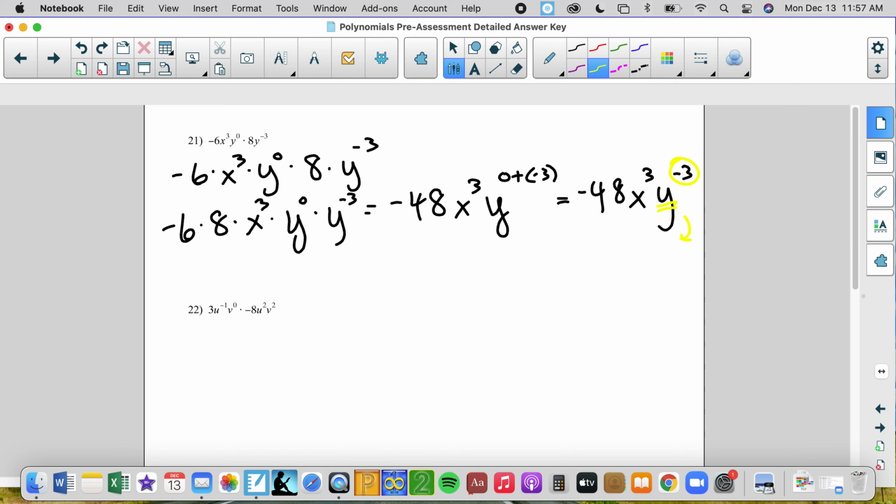I get negative 48, x to the third stays in the numerator, and that y to the third comes down. So you'll notice that went from negative to positive. When I change it from the numerator to the denominator, the sign of the exponent changes, and that would be my answer.